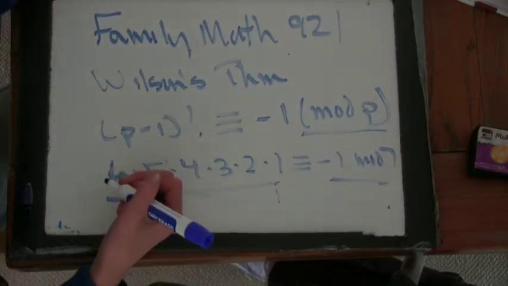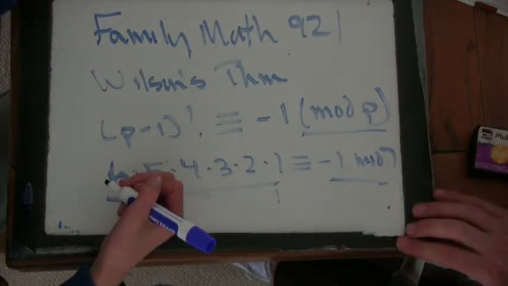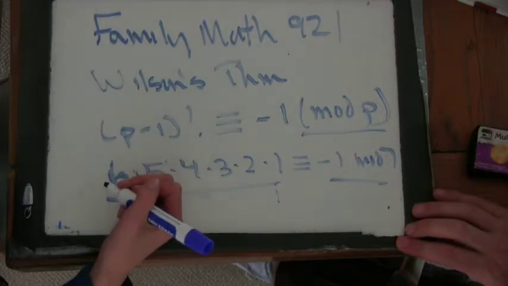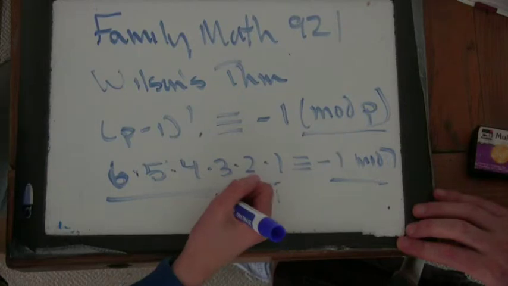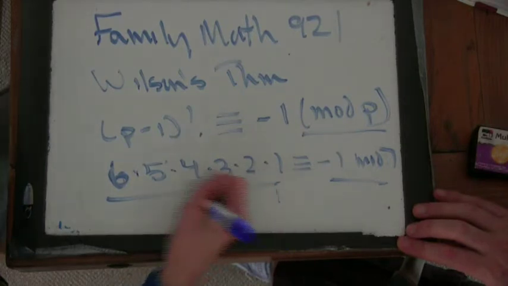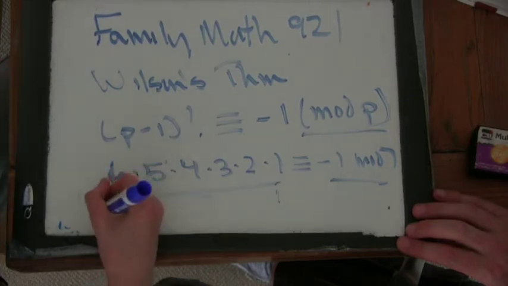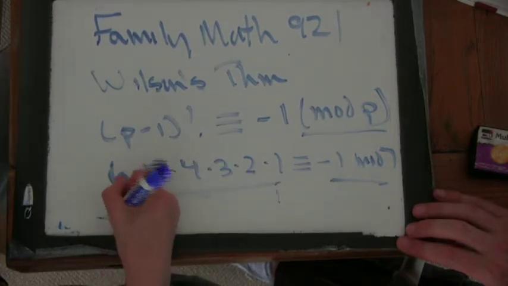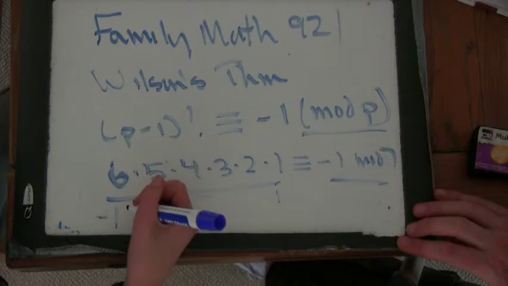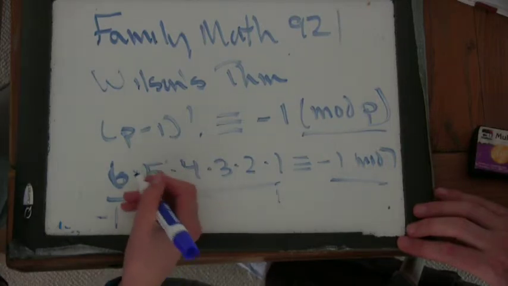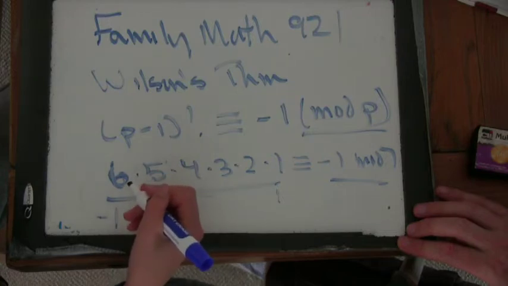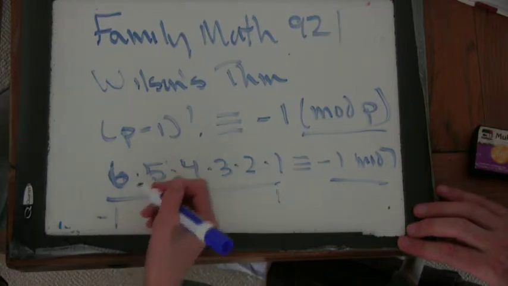What could we try to do? Well, I guess 6 is minus 1 mod 7, and then I just multiply it by the other numbers. So 6 becomes minus 1.